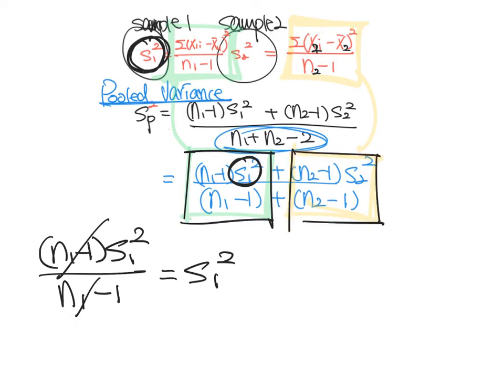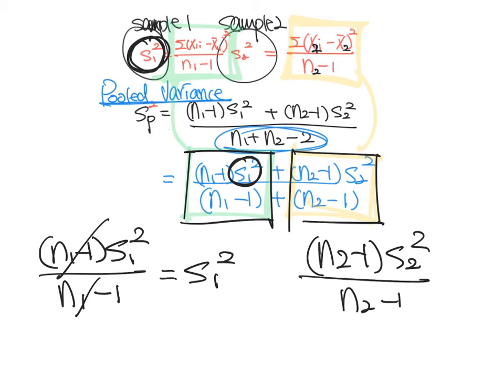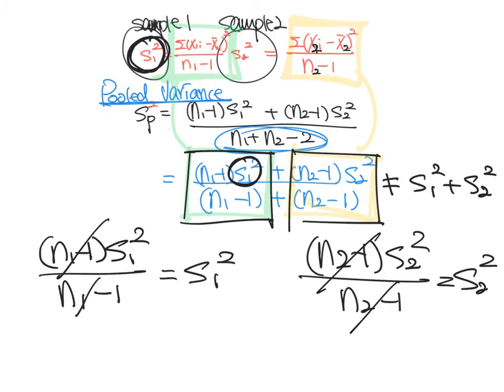Absolutely, mathematically, it is not exactly same, but roughly I explain to you. So it's n2 minus 1 S2 square over n2 minus 1. Then it's just S2 square. So roughly I can say, mathematically it is not exactly same, but roughly I can say it is S1 square plus S2 square, roughly.